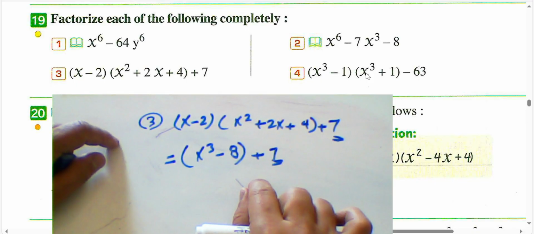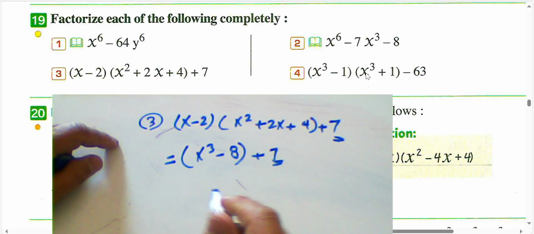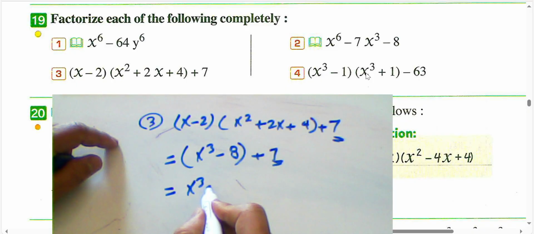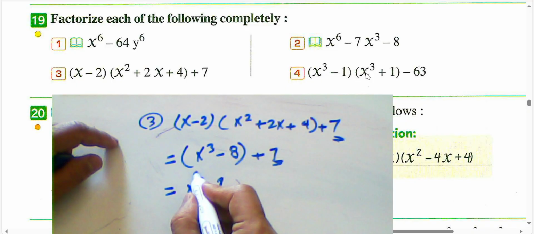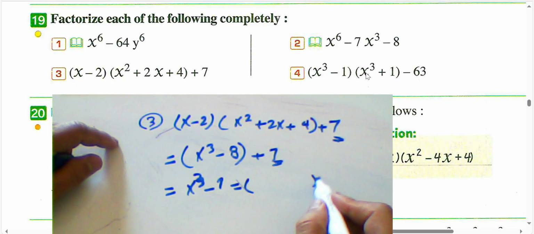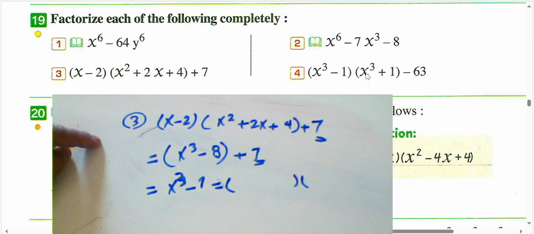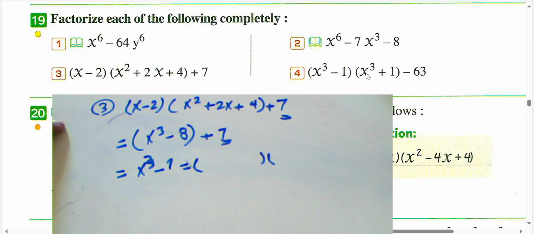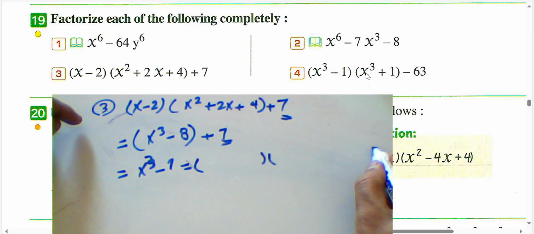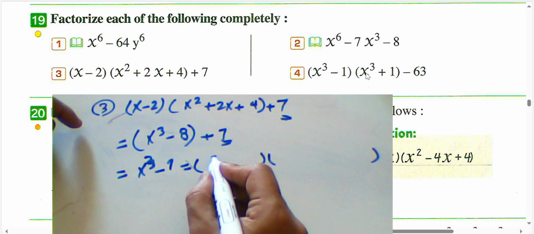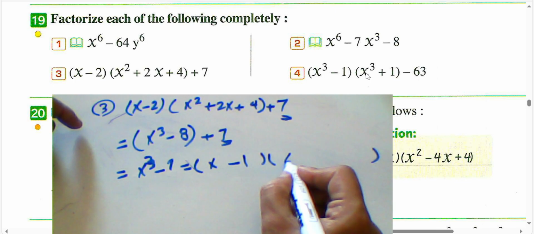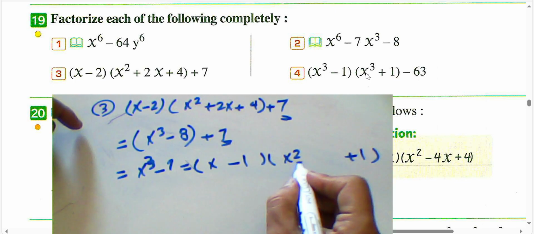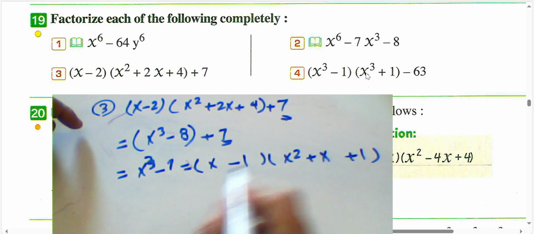And then we can simplify negative 8 plus 7, it will be negative 1. Then you can write x power 3 minus 1. And then you can also factorize the expression by product between two brackets, cubic root of the first and second, x power 2, negative 1 power 2, and the middle first and second, change the sign between them.